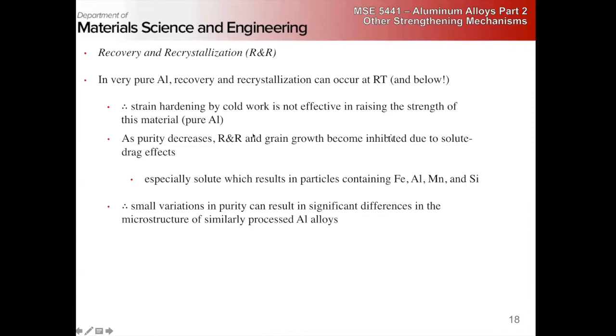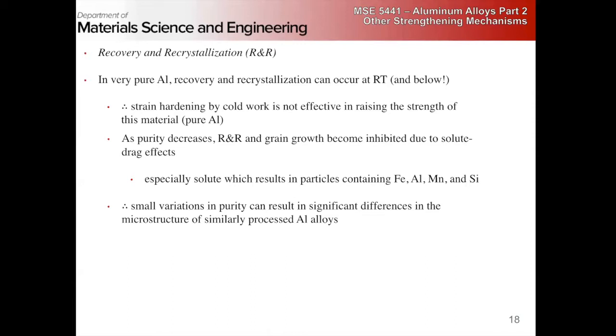I realized something I said may have been confusing. I just said a couple slides back, aluminum doesn't dynamically recrystallize very easily. It doesn't recrystallize by nucleation and growth. It does this continuous, but it does statically recrystallize very, very easily, right? So remember the difference. Dynamic recrystallization is recrystallization you get during your test, right?